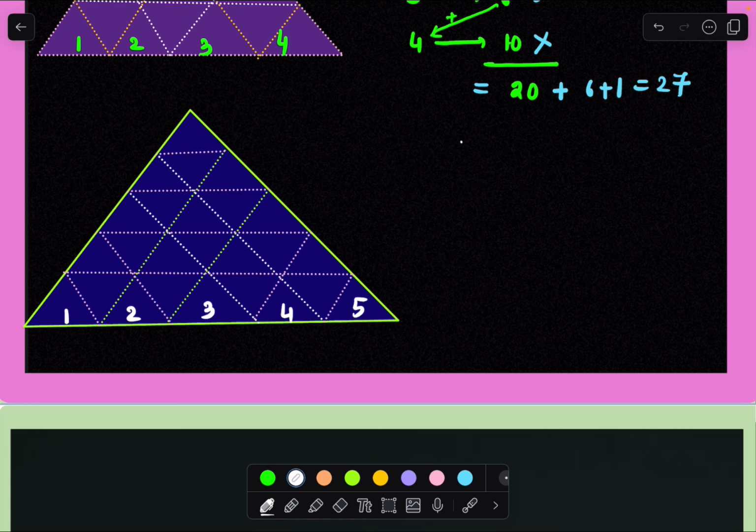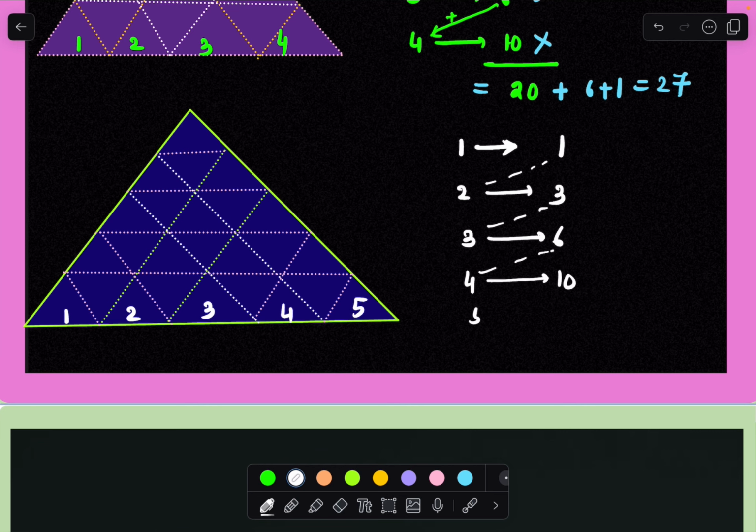The first triangular number, a full triangle, is 1. The second adds 2, giving 3. The third adds 3, giving 6. The fourth gives 10. The fifth gives 15. Adding all these triangular numbers: 15 plus 10 is 25, 25 plus 10 is 35, plus something more.